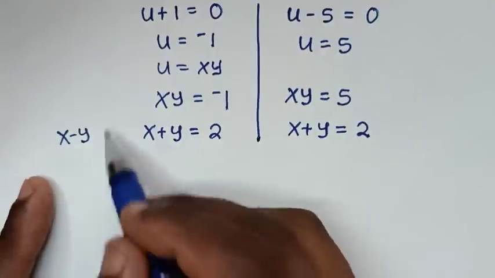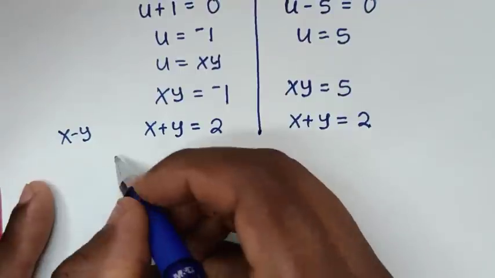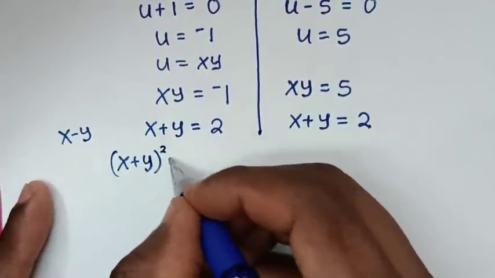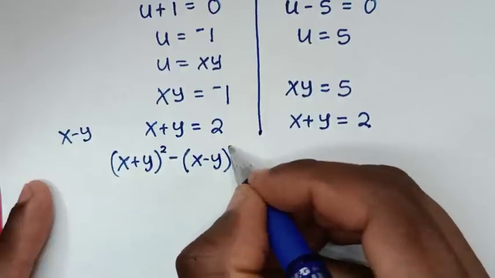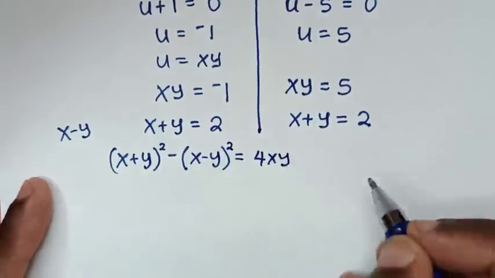Now to get x minus y, we'll use the algebraic identity, which is (x plus y) bracket square minus (x minus y) bracket square is equal to 4xy.